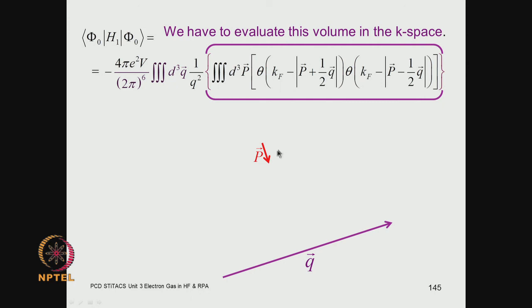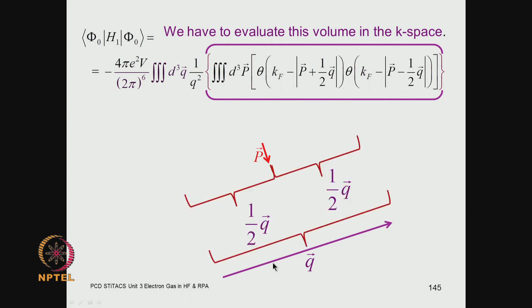Now, let us consider the vector P, and let this be the vector q. Let us begin with this geometry. What I do now is I take half of q, I look at this q as half q plus half q, because in one case I am adding half q here, in the other case I am subtracting half q because of the symmetry.